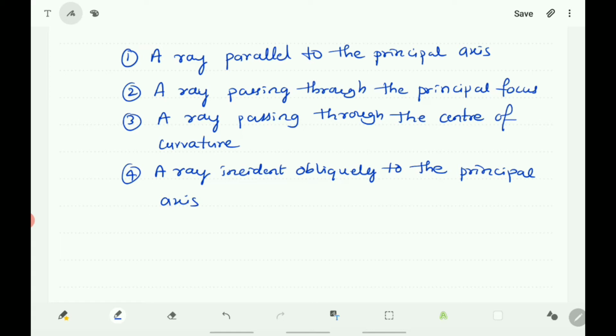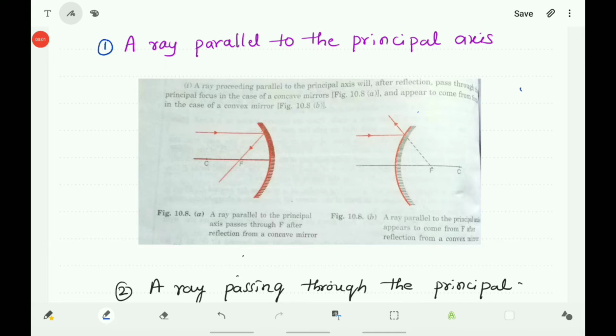These are the 4 rays from which we have to locate the image. Only 2 rays are enough here. So let us discuss how these rays reflect, the nature of reflection of these 4 types of rays.